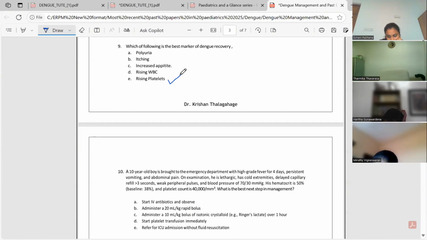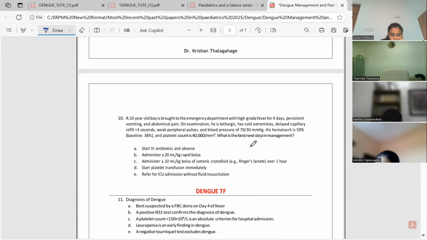This is the best marker. Everything else could occur in recovery, but they are not the best. Let me add that WBC rise will be the earliest hematological feature of recovery, but the best marker is rising platelets.